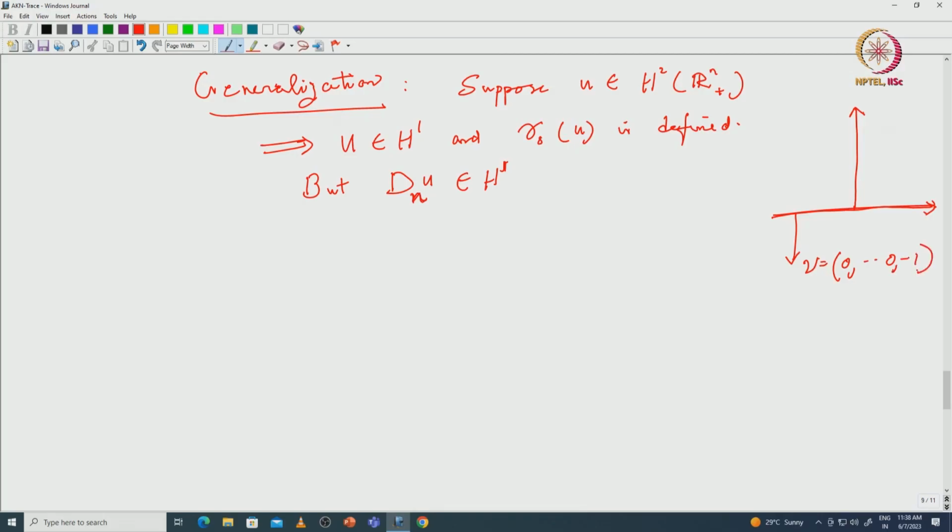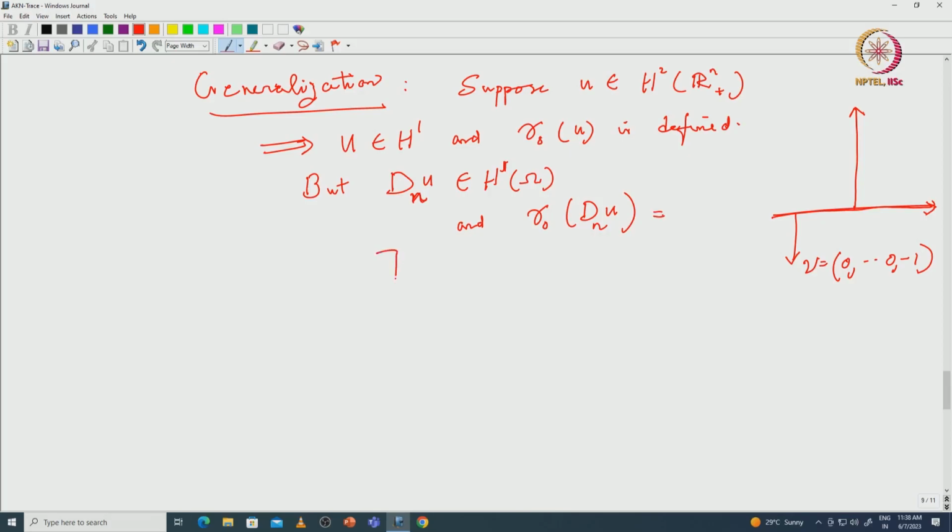That is a normal vector. Okay. So dn of u is in H1 of omega, and you can basically define gamma naught of it. I will put the sign appropriately for the computations of the future. So you can restrict.